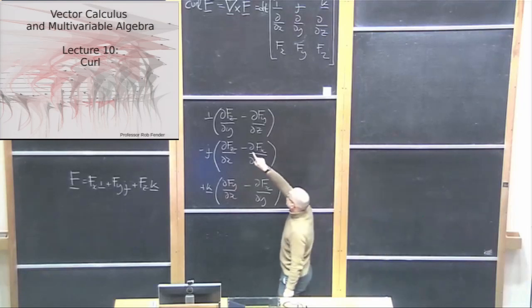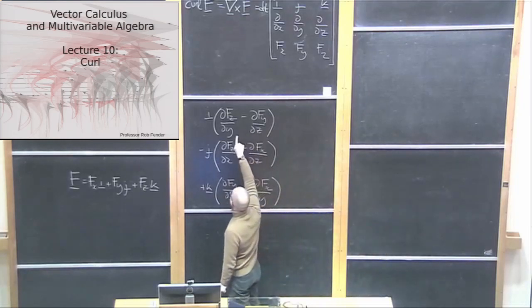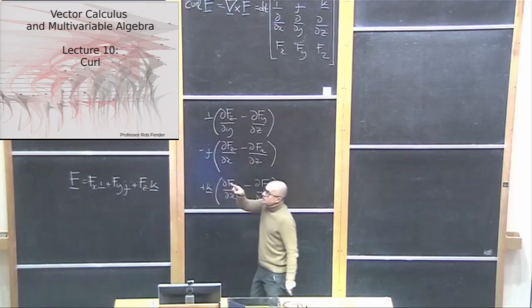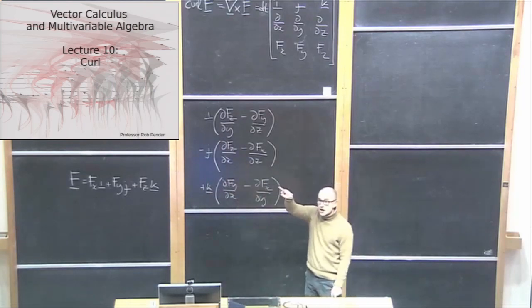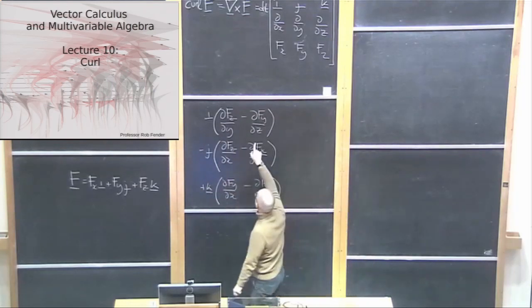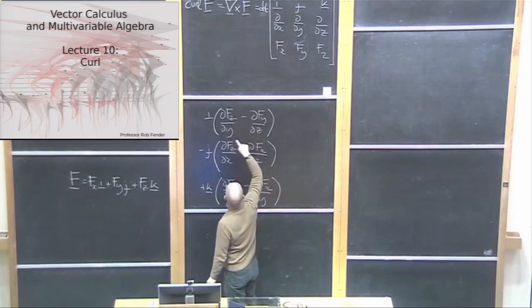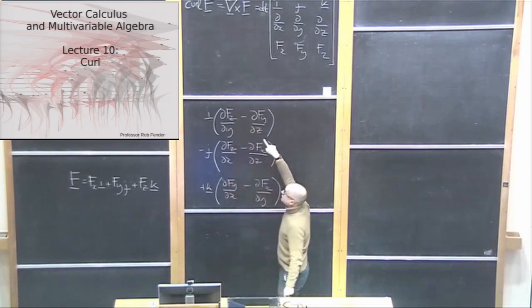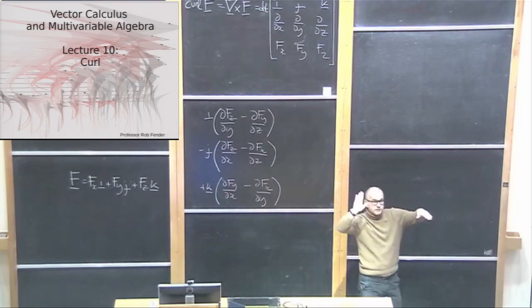Now, if you look at what those individual components mean, we see that the component pointing in the i direction, in the plus x direction, tells you about the rotation of the vector field in the plane which is perpendicular to that.